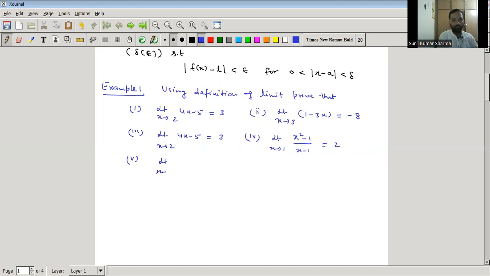Limit x goes to 2, (x square minus 4) upon (x minus 2) equal to 4. Limit x goes to 3, (x square minus 9) upon (x minus 3) equal to 6.